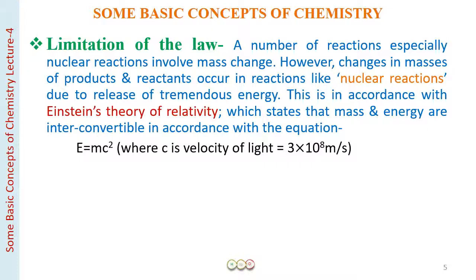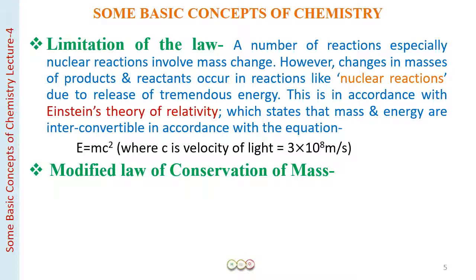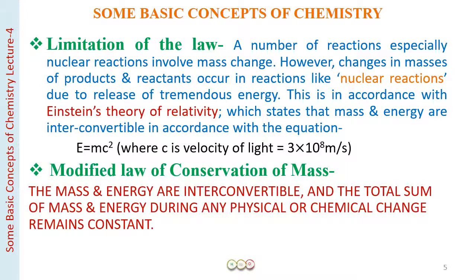So we had to modify the law of conservation of mass. The modified law says that mass and energy are interconvertible, and the total sum of mass and energy during any physical or chemical change remains constant. Fine.